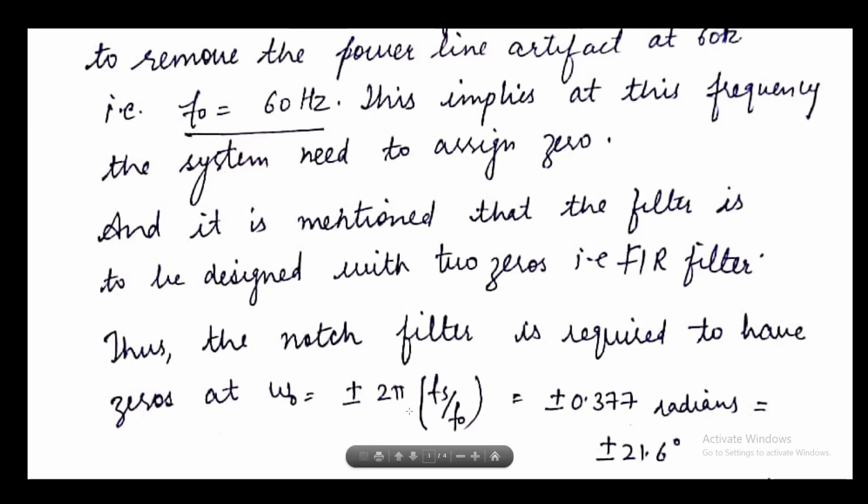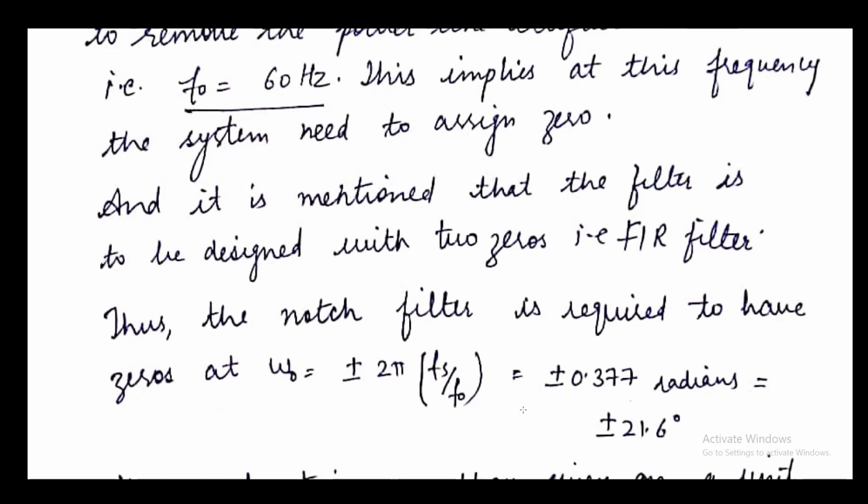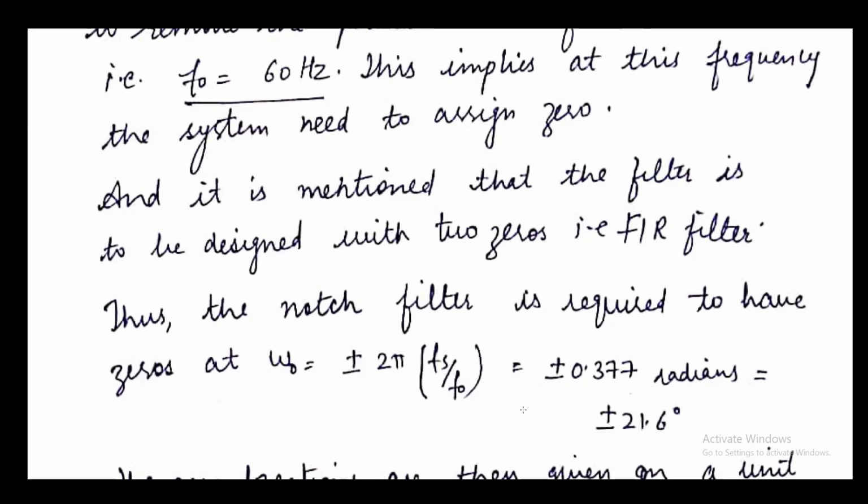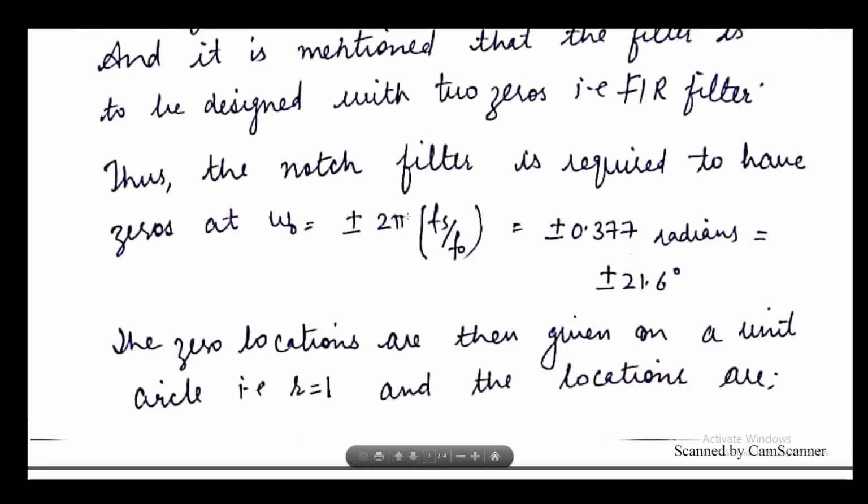This should be F naught by Fs. It is mentioned as Fs by F naught, but actually it is F naught by Fs, and it comes equal to plus minus 0.377 radians, which is 21.6 degrees. In degrees it is 21.6, and in radians it is 0.377. Please note this: it should be F naught by Fs.